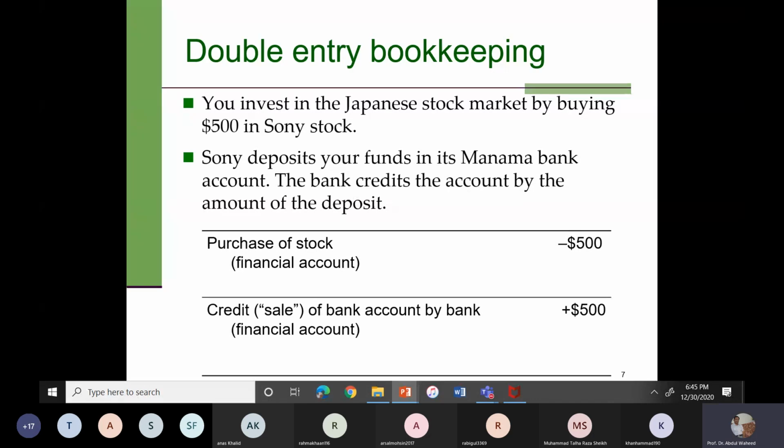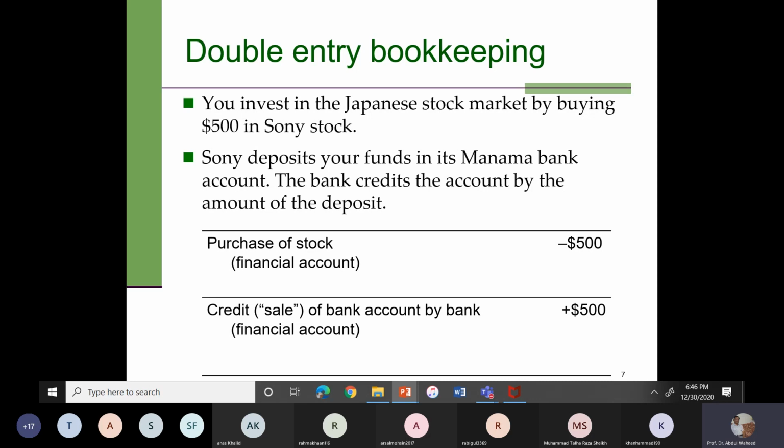Again, if you invest in the Japanese stock market by buying $500 worth of Sony stocks, then this is a purchase of stocks. Whenever you purchase stock, you have to make a payment, and this payment is a debit transaction, so it will be entered as minus $500 in the financial account.